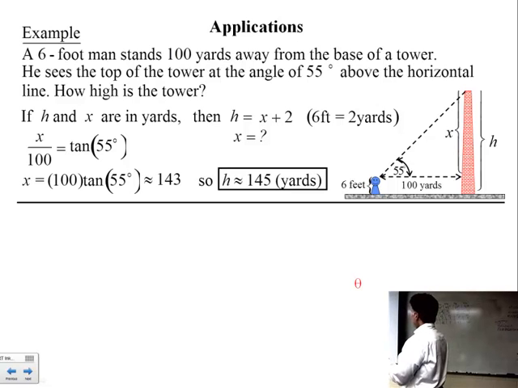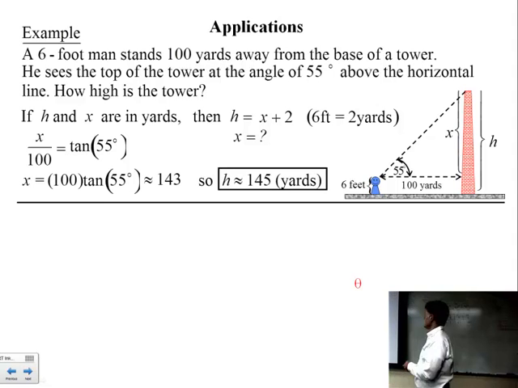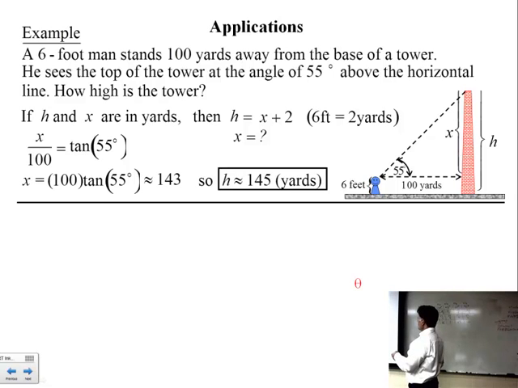So H. This is in yards, so let's adopt yards as our unit of length. This is 100 yards. If x is also in yards, then the height of the tower is going to be x plus 2, because the guy's 6 feet tall. That's 2 yards. You add 2 yards to whatever x is. Now find x.